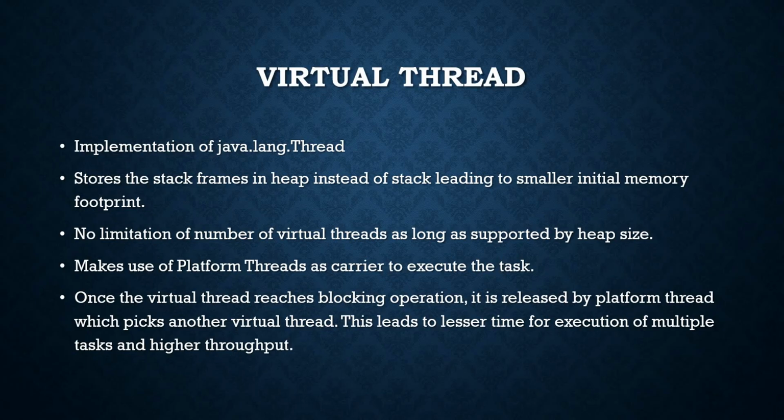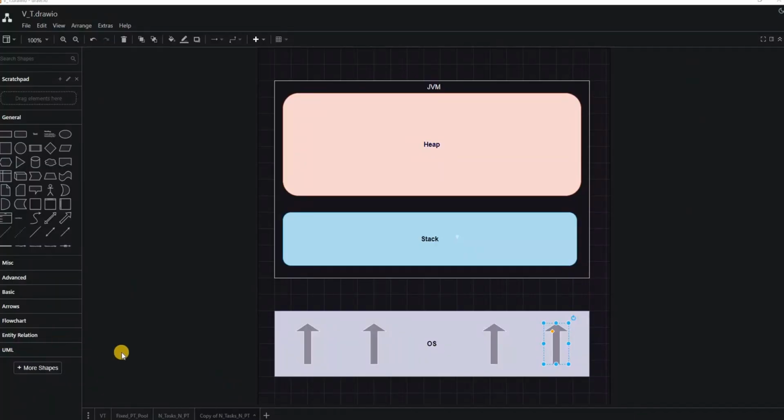Before moving on to the virtual threads, let's again see a visual representation of platform threads. These blue arrows you can take as platform threads. Whenever a Java application creates a platform thread, the operating system is going to allocate 1 MB worth of space in the stack area to that platform thread.